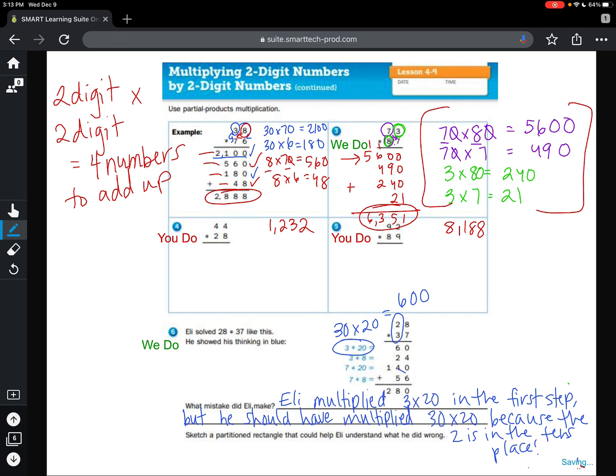That's a mistake that I often see on many students' work, so don't let that be you. Don't let that trick you. Make sure that you pay close attention to place value when you do that multiplication.